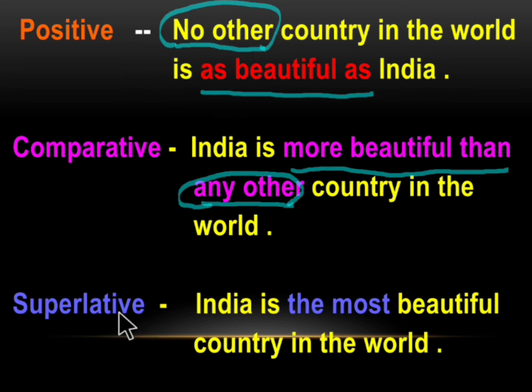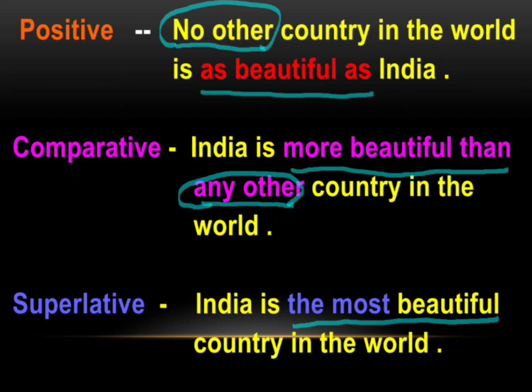Next, in the superlative degree, we begin as we have started in the comparative degree. India is the most beautiful. So this is the rule in the table. The plus adjective or adverb plus EST or most plus adjective.